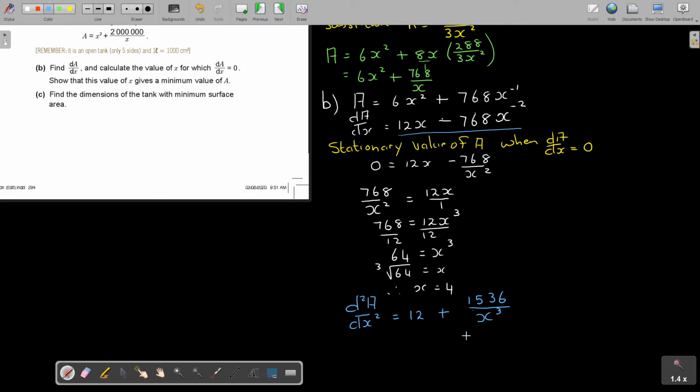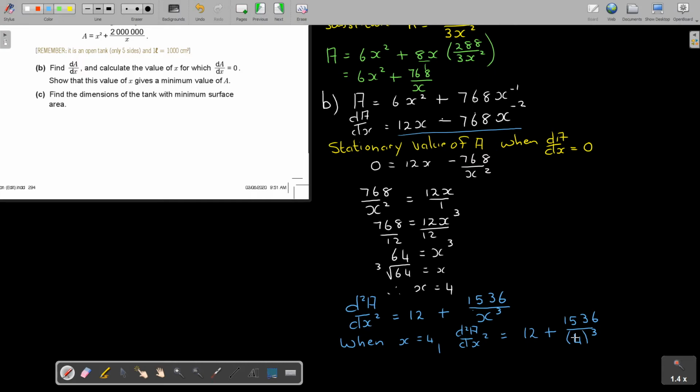Okay, and now I'm going to say when x is 4, d squared A over dx squared is equal to 12 plus 1,536 over 4 to the power of 3.